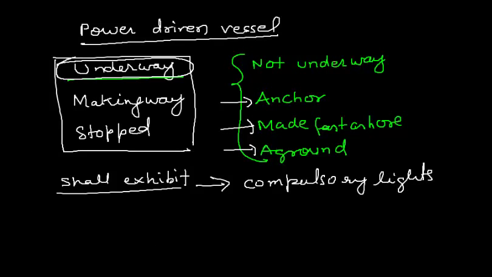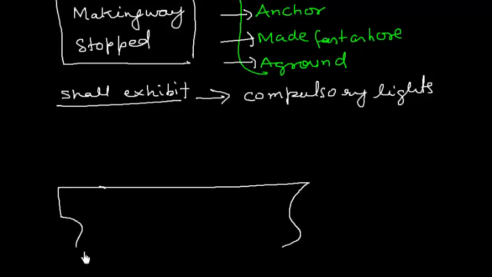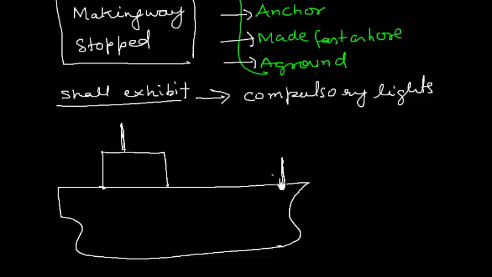And the lights exhibited are, first, the masthead light forward. So let me make this vessel. This is the power-driven vessel and it has accommodation, and there is a mast here, an aft mast, and there is one mast here. So the power-driven vessel exhibits a masthead light forward.